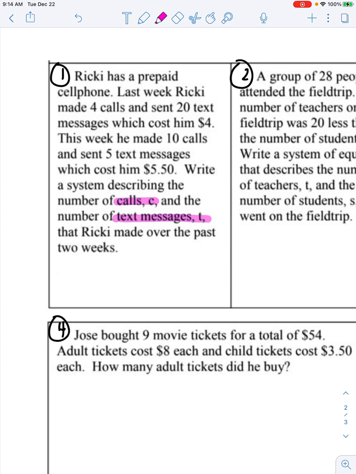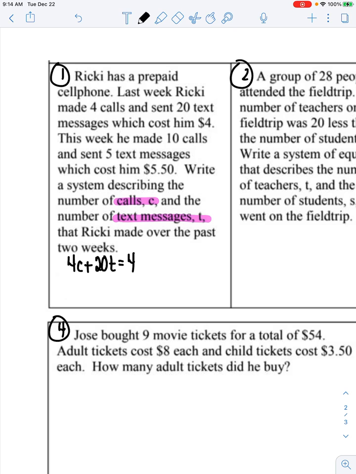Now let's write our system. Let's look for those relationships. In the first week, he made 4 calls and 20 text messages, and it cost him $4. So that's that first week's relationship.